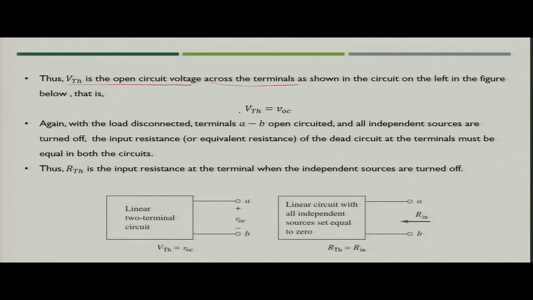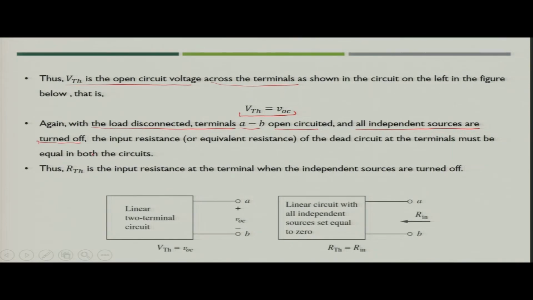So, what we can say is that the open circuit voltage across terminal A B of the linear two terminal circuit would be equal to VTH. Now, again with the load disconnected across the terminal A B, you have open circuited the terminal A B, and all independent sources you need to turn off.